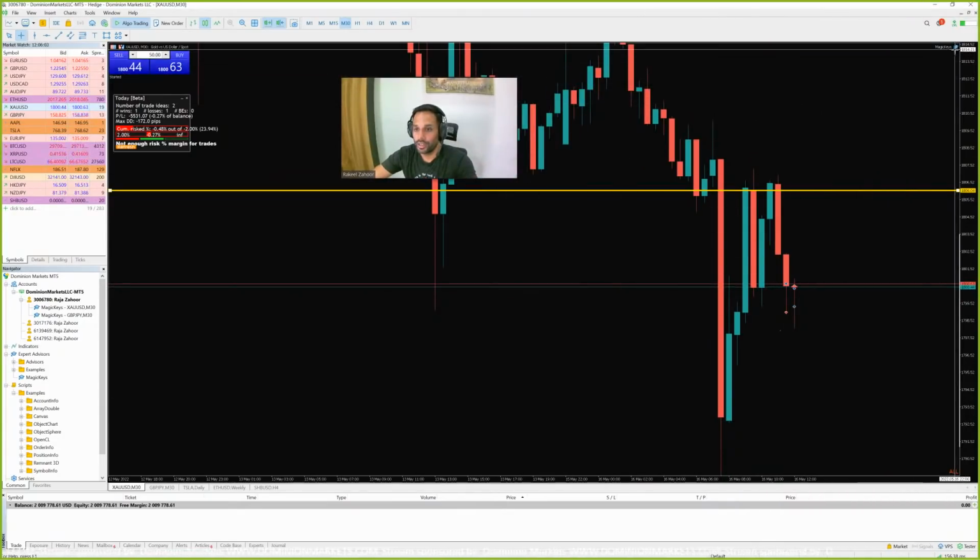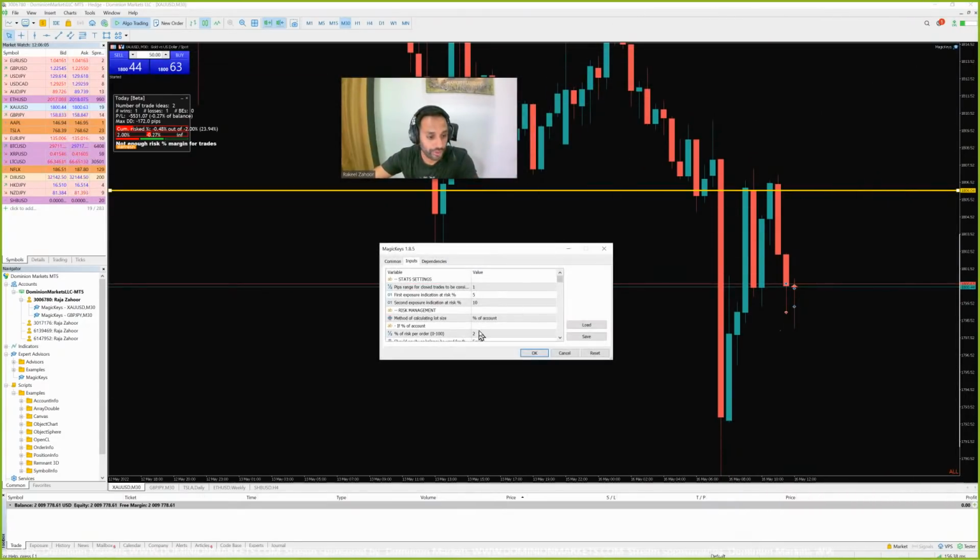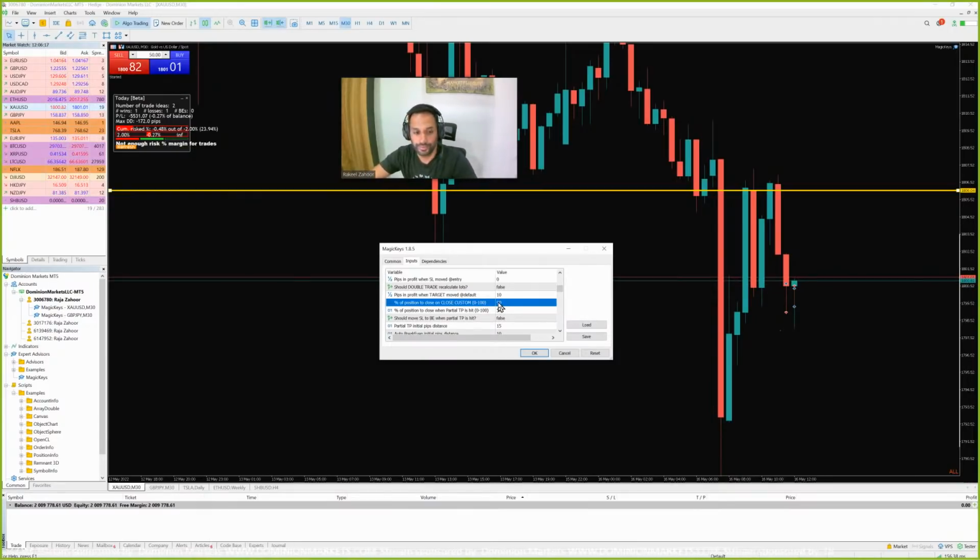You look right here, I pressed close custom, and if we go down, see right here, percentage of position to close on close custom, 90%. Percentage of position to close when partial TP is hit, 50. So if I put a partial TP and that's it, it's automatically going to close 50%.